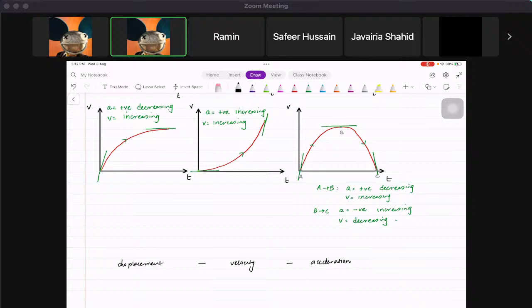So what you guys need to understand is that if from displacement time graph you find out the gradient, it is going to give you velocity, and from velocity time graph the gradient will give you acceleration.